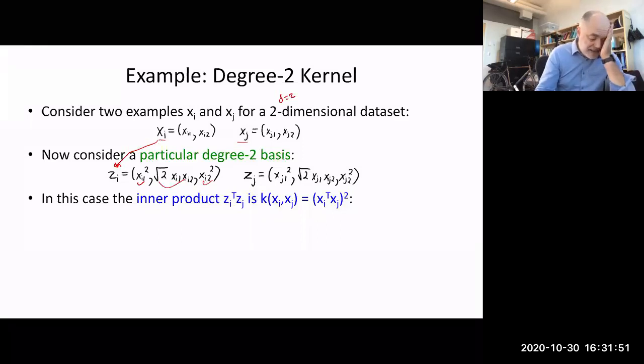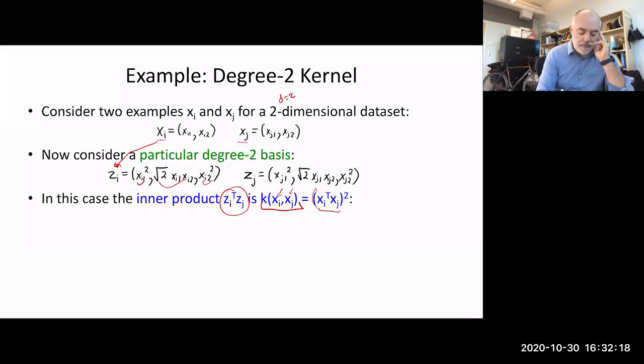In this case, we can show that there exists a kernel function that operates on xi and xj directly that computes the value of the inner product between zi and zj. And I will assert that that kernel function is simply xi transpose xj, the inner product of xi and xj, squared.